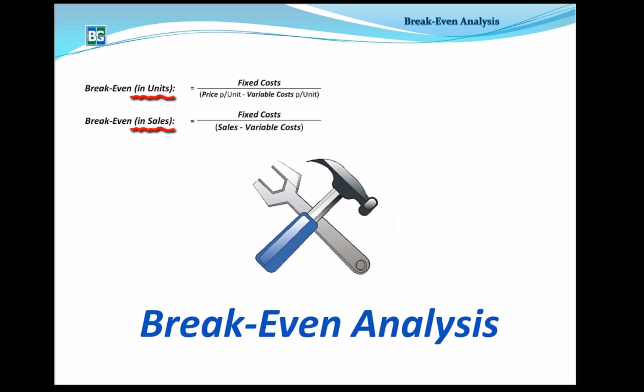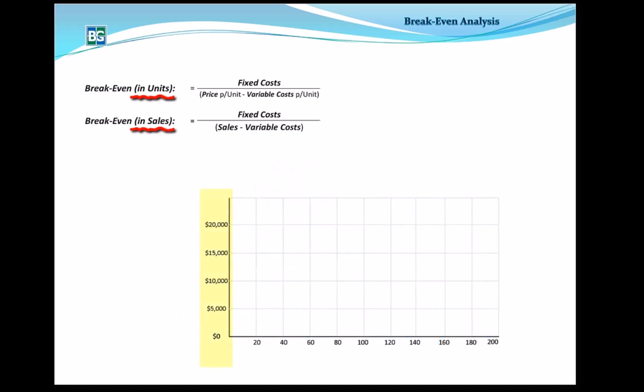This formula can be represented by a visual graph with the vertical axis representing dollars and the horizontal axis representing the level of the activity in the form of units, hours, or sales, all within a time frame or over the course of time.